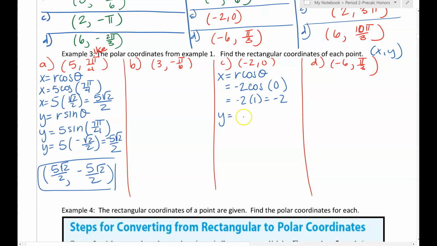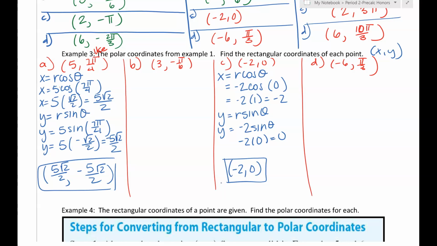And y is r times sine of theta. Radius again is negative 2. Sine of 0 is 0, so negative 2 times 0 is now 0. What? It's the same exact answer as polar and rectangular? Yes, it is.